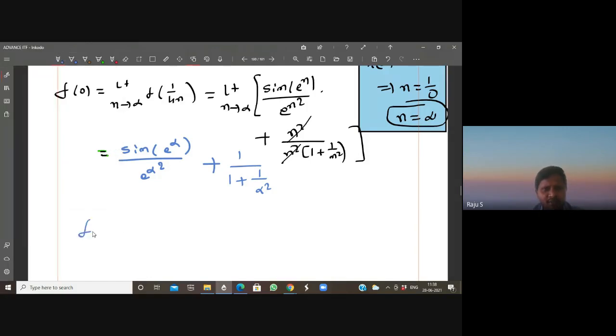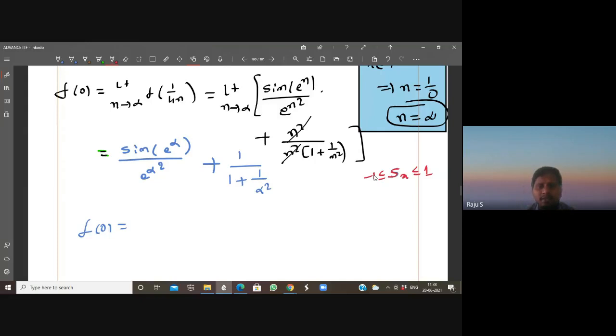The left side value is f of 0. Your sin x value lies between from where to where? Sin x always lies between 1 and minus 1. The least value is minus 1, the highest value is plus 1. Is it clear?